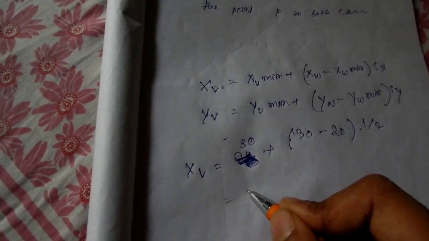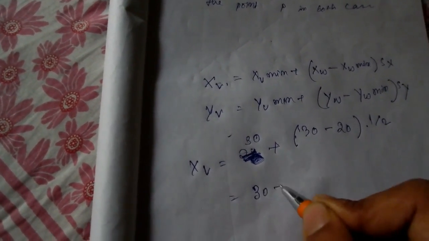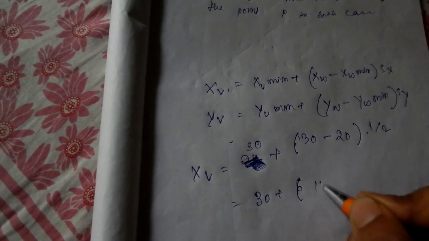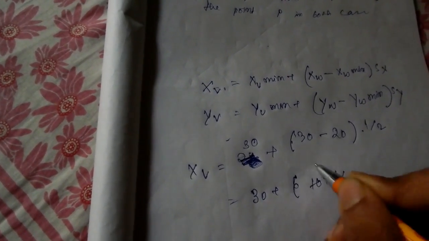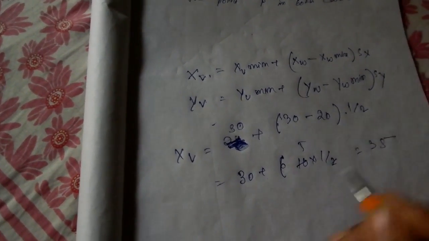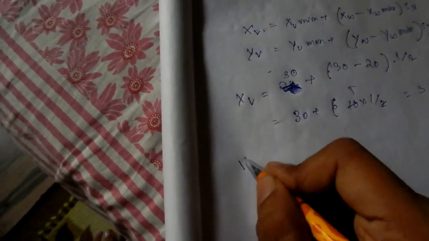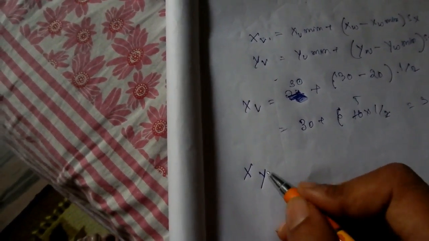So if I calculate it, I get 30 plus 10 into half, that is 35. So xv is 35.